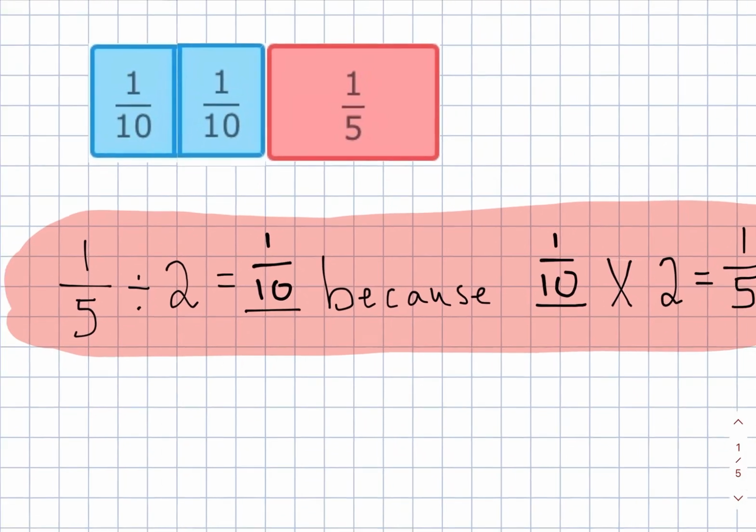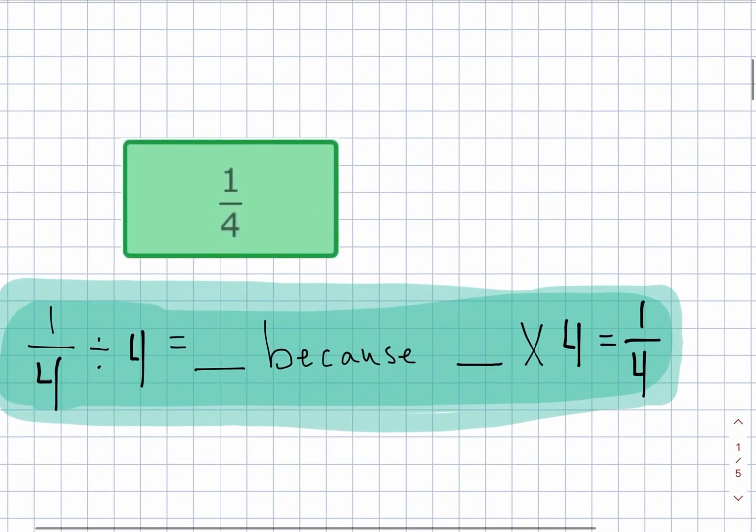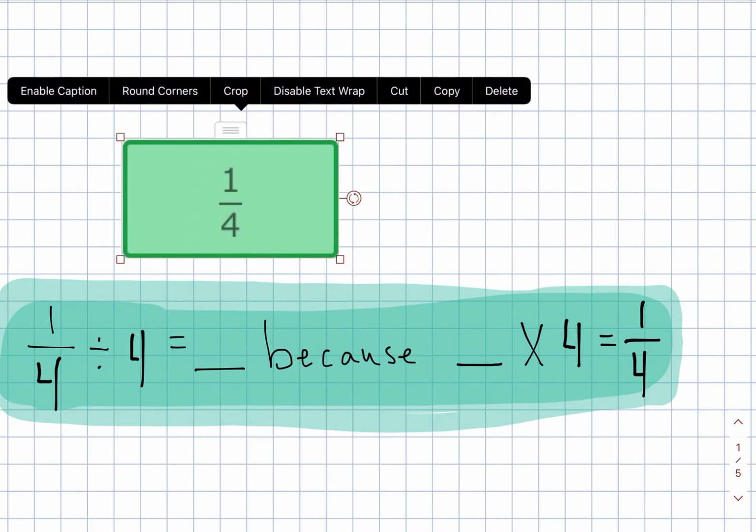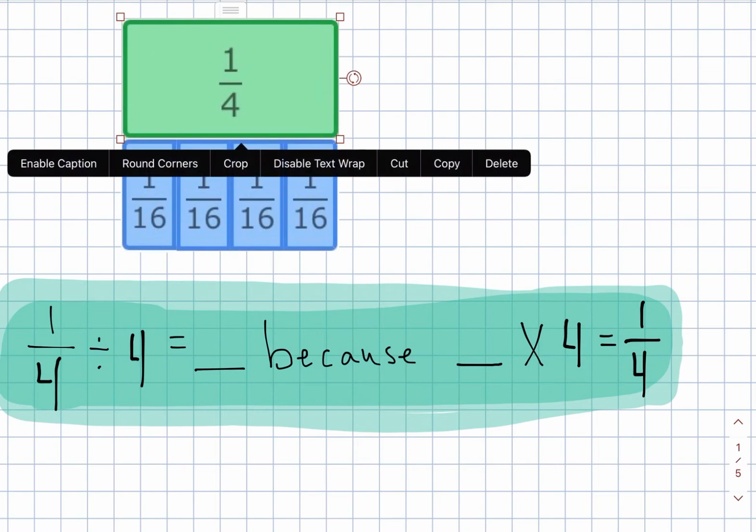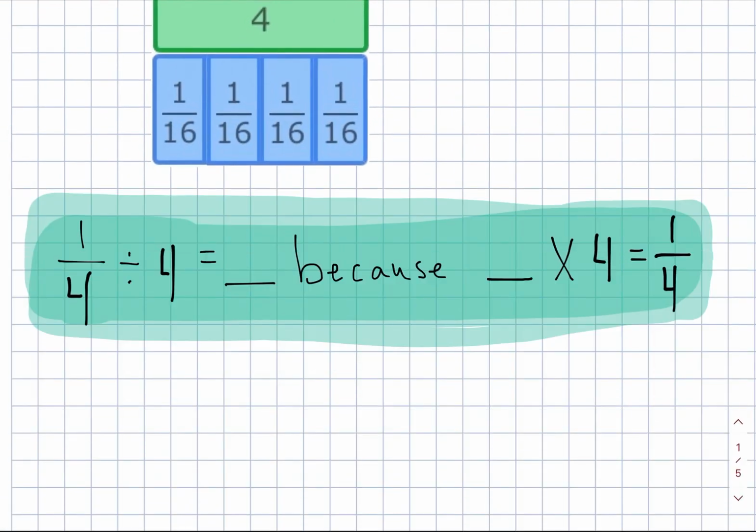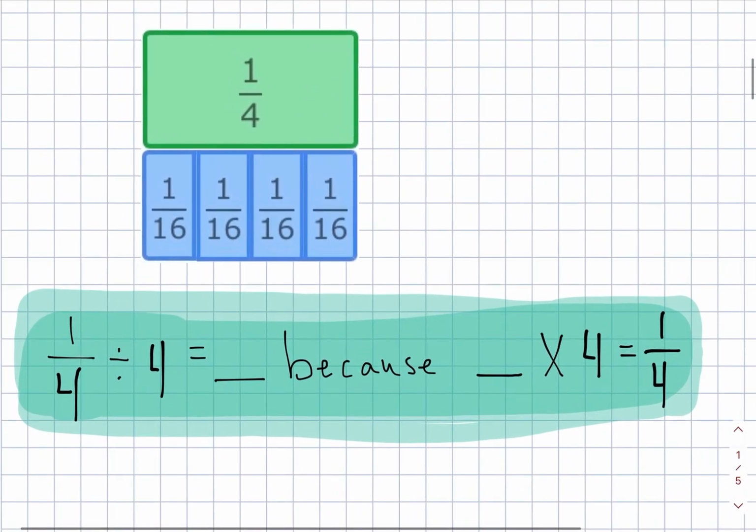Let's take a look at another example down here. 1/4 divided by 4. Let's divide this fourth up into 4 pieces. If I divide 1/4 by 4, I get 1/16.